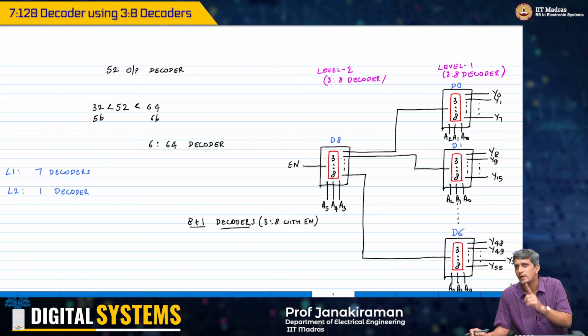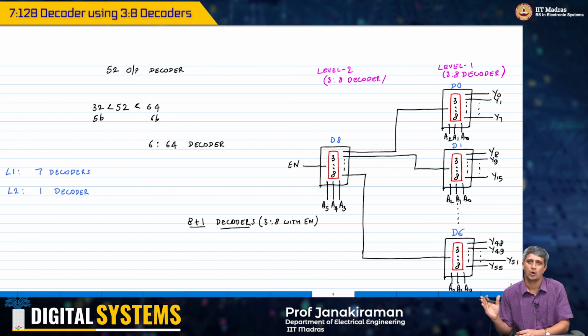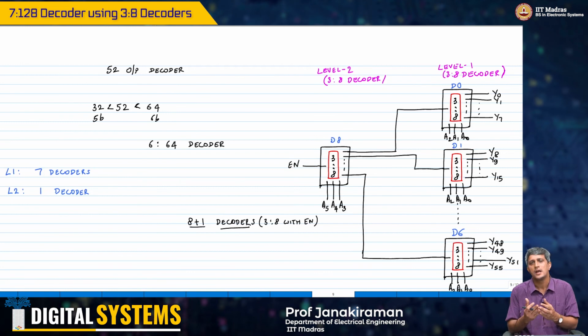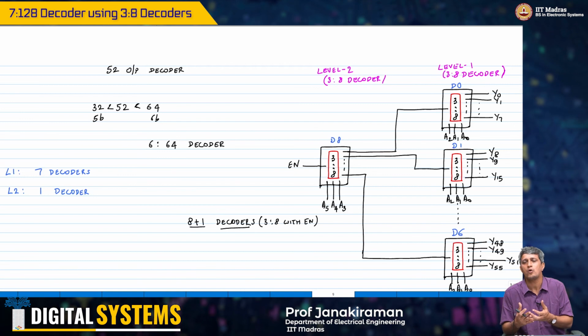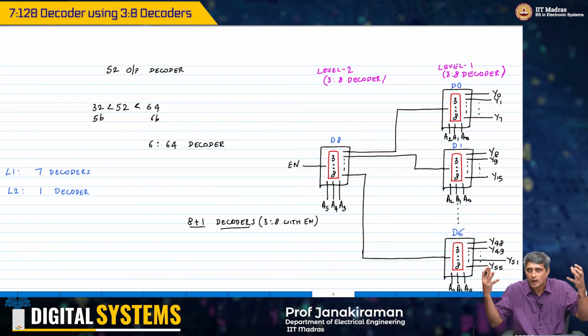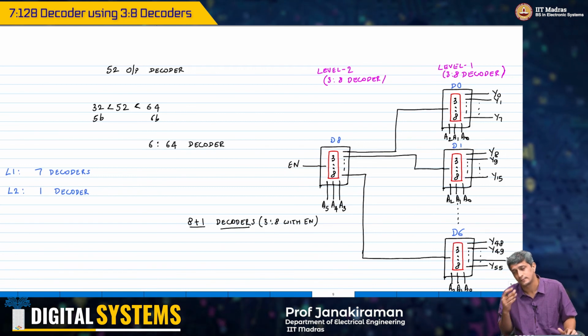But again, the only point is you don't need to go all the way to D6 or D7 at the last stage. So you can easily, in this hierarchical design, make a calculation for the number of decoders that you need and figure out how your design must scale in terms of these hierarchical blocks that you are building. Thank you.